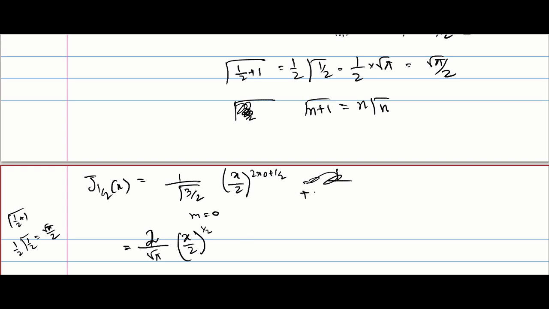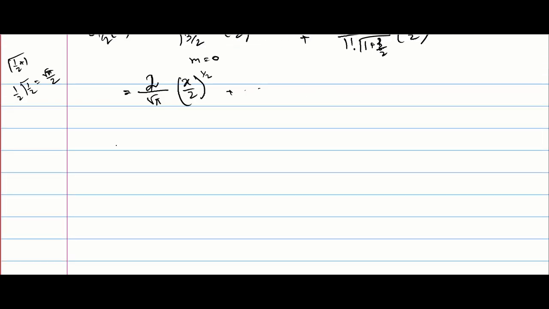So plus, for m equals 1, it would be minus 1, 1 factorial, gamma of 1 plus 3/2, times (x/2) to the power 2 into 1 plus half, and so on. So if we do the calculations, what we'll get is that J_{1/2}(x) is root of 2 by pi x times sine x.